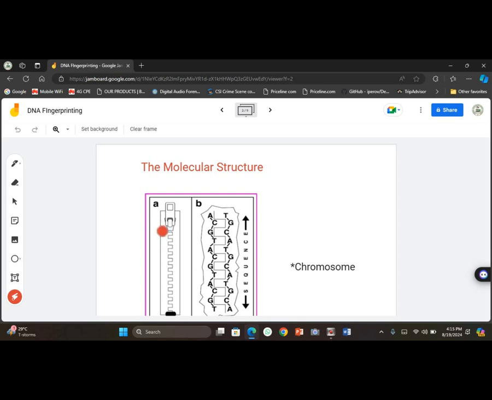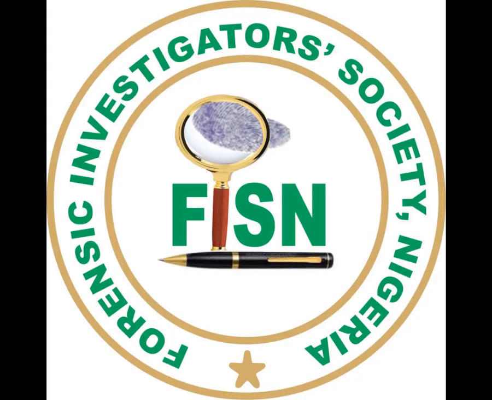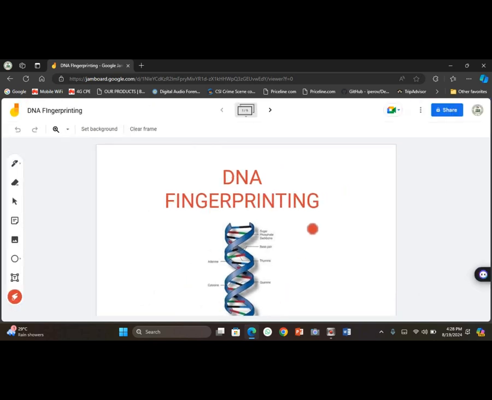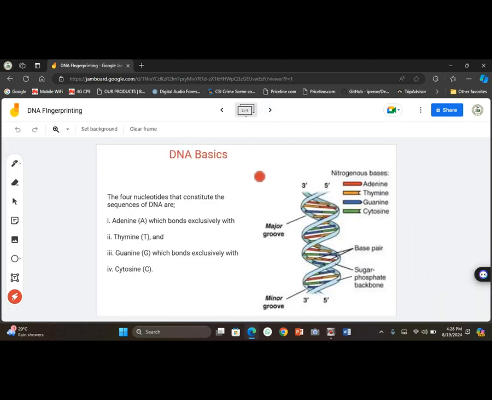So the molecular structure can be likened to a zipper that has teeth, and these teeth enter into one another. So we have adenine, thymine, cytosine, and guanine as the nucleotides.